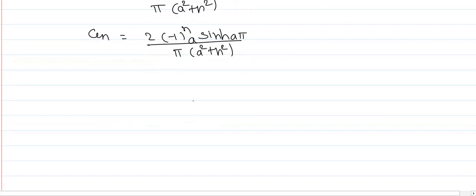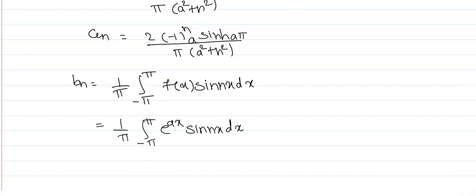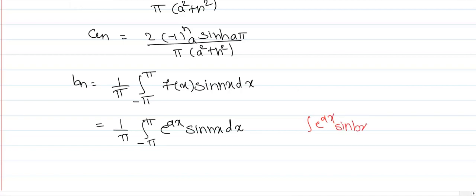Finally we have to find the value of bn. Bn is given by 1 by pi integral minus pi to pi f of x sin nx dx, which is 1 by pi integral minus pi to pi e raised to ax sin nx dx. Again here we use the formula of integration: e raised to ax sin bx dx is e raised to ax divided by a square plus b square, a sin bx minus b cos bx.